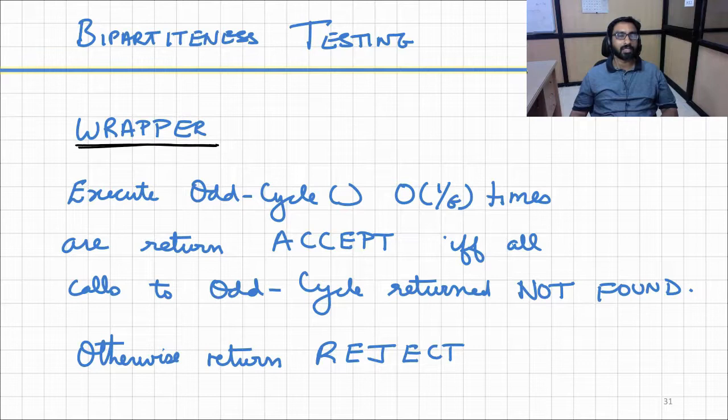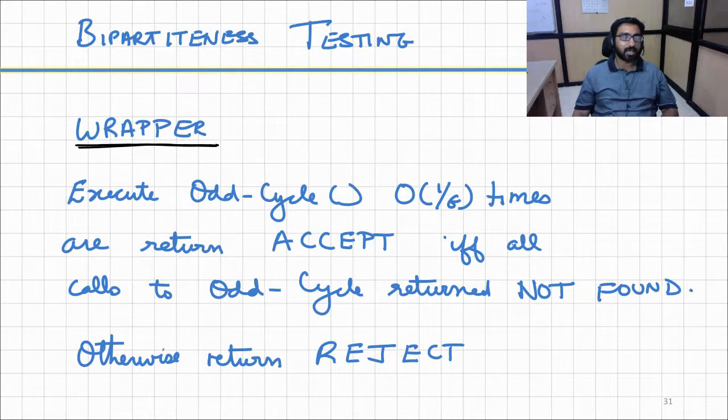And now what we do is we just embed the odd cycle subroutine within a wrapper. All we do in this wrapper is execute the odd cycle subroutine O of 1 over epsilon times, and then we wait to see if any one odd cycle call comes back saying that it found an odd cycle.